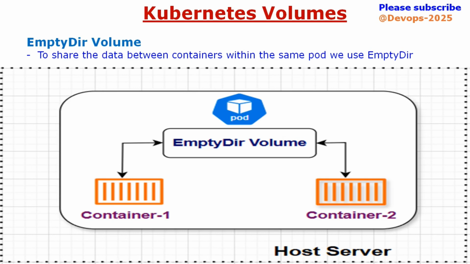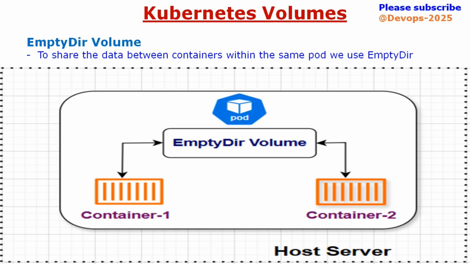So how do you create it? Volume is a property, like health checks such as liveness probe and readiness probe. In the same way, volume is also a property of the pod. Now we can see how to create this volume and how to share it between the containers.